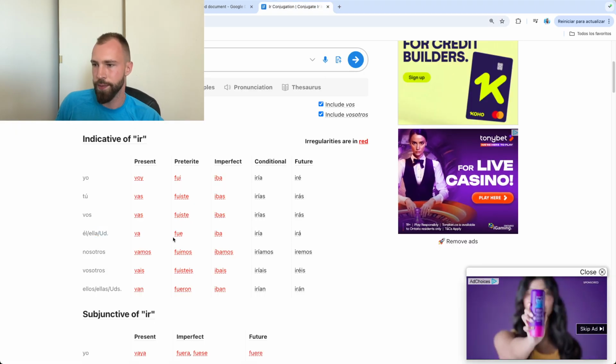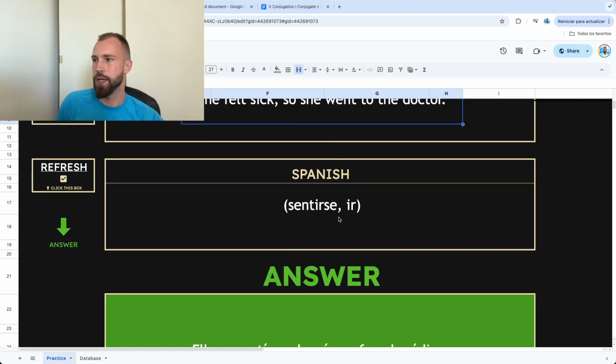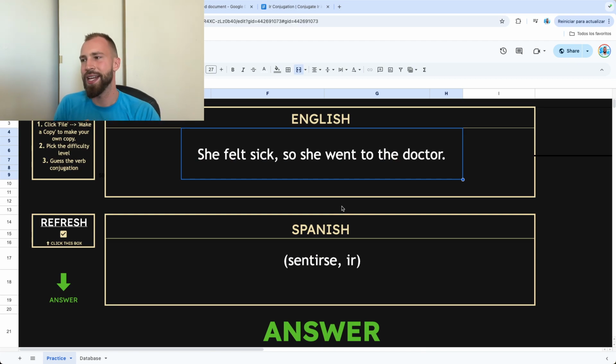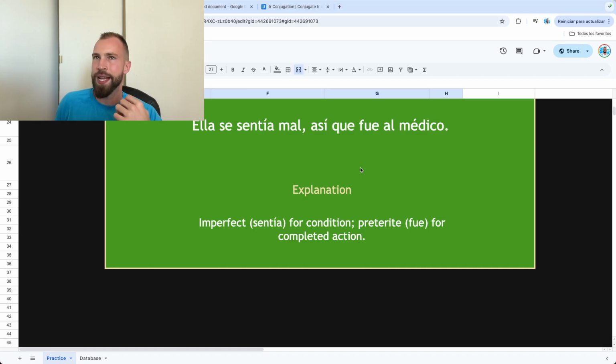But the reason it wouldn't make sense to say ella iba al médico is that's like saying she used to go to the doctor rather than she went to the doctor. Because the imperfect is for like she was going to the doctor. That doesn't really make sense. It's she went. Even though we don't know the specific moment when she went, that's the implication. She went to the doctor.